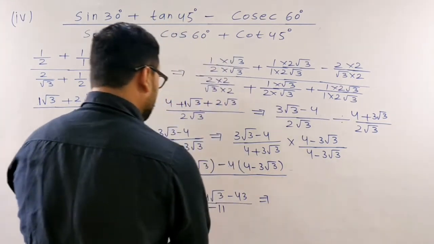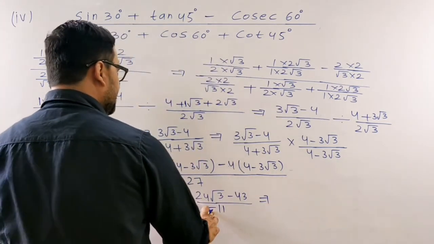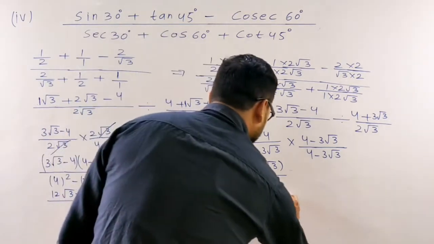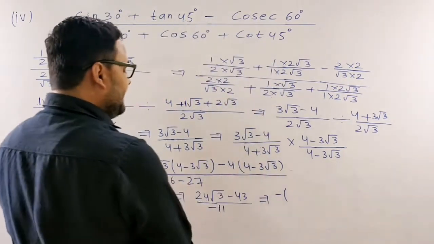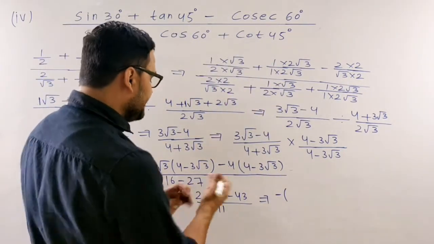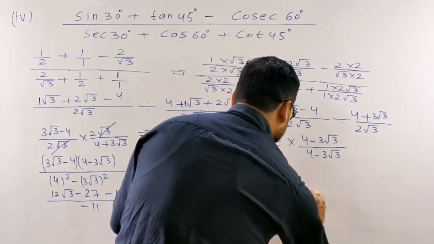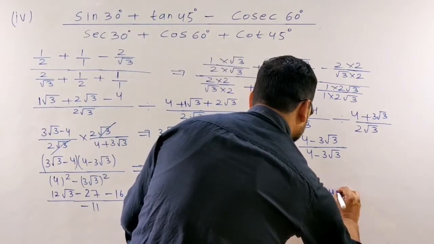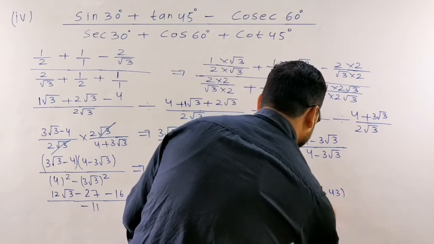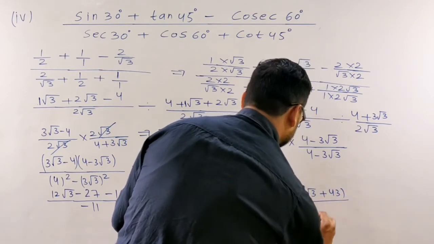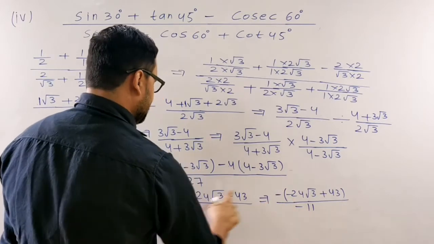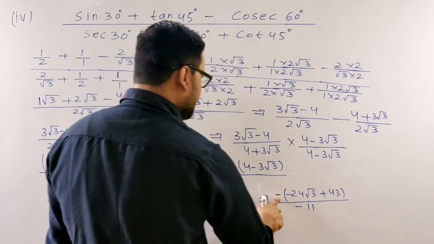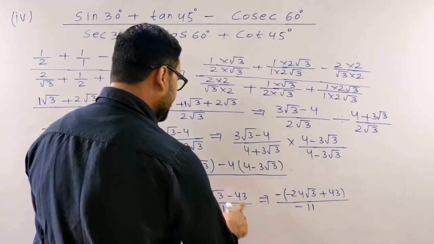So again what we can do, minus we don't want in the place of the denominator, so we can take minus common in the numerator. So it will be minus 24 root 3 and plus 43 by minus 11. Why?